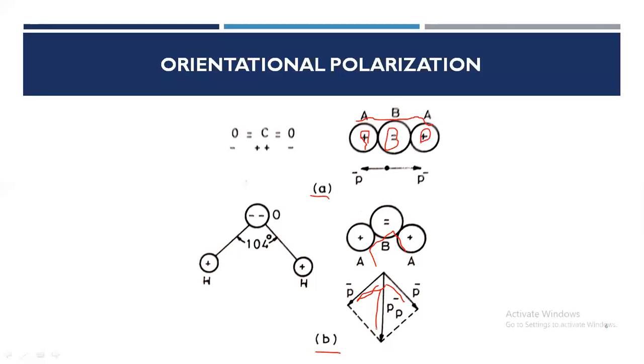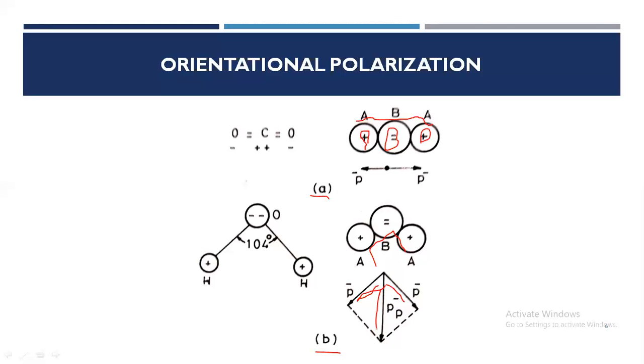The permanent dipole moment is denoted as P_P, and the presence of an electric field will tend to align P_P along its direction.